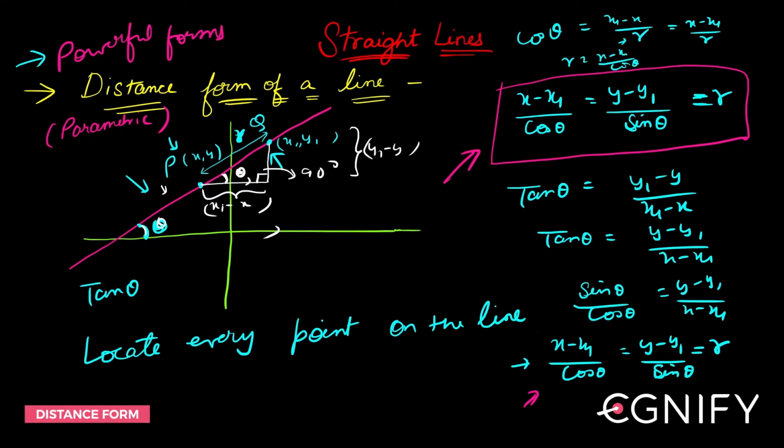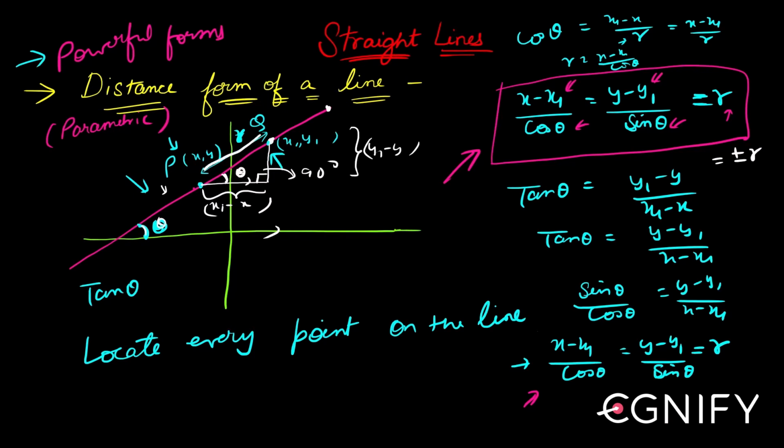Now the thing here is, how does this help me get every point on the line? So here you have x1, y1 as your known point. You have the slope of the line, tan theta. So from that you can get cos theta and sin theta. But for different values of r, you will keep getting different points. In fact, I can say that this is equal to plus or minus r. If I have plus r, that would mean a point which is at a distance r on this side, right?